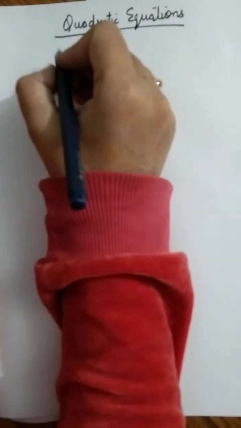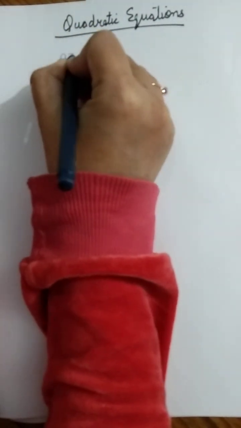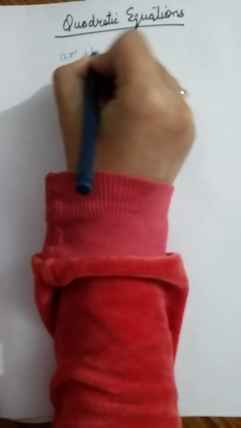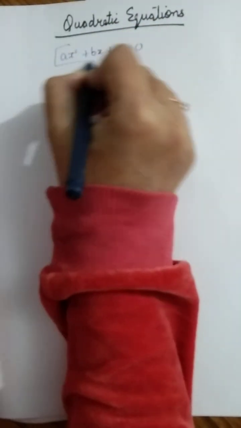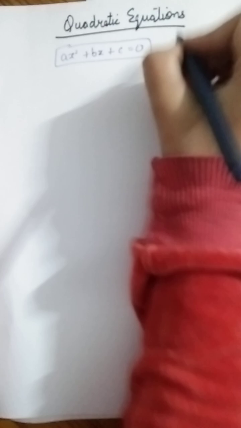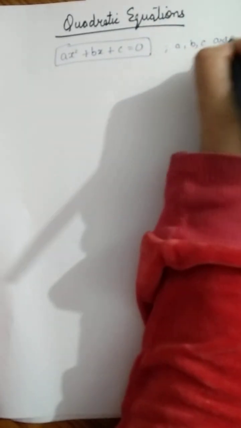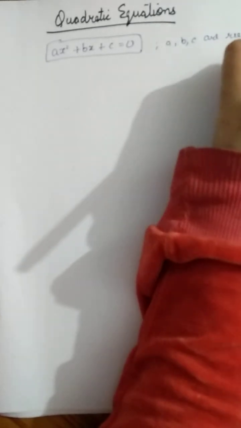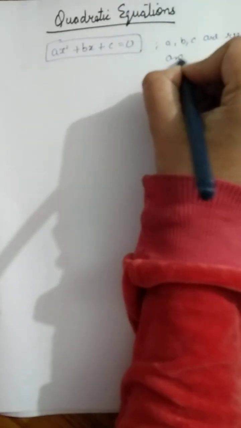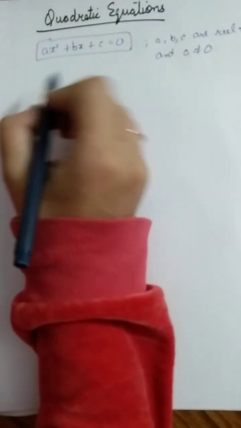The equation which is of the form ax square plus bx plus c is equal to 0, where a, b and c are all real numbers and a is non-zero. These types of equations are known as quadratic equations.